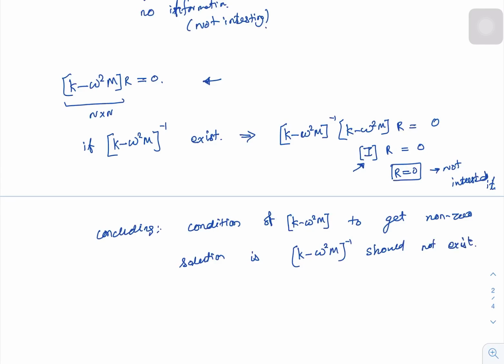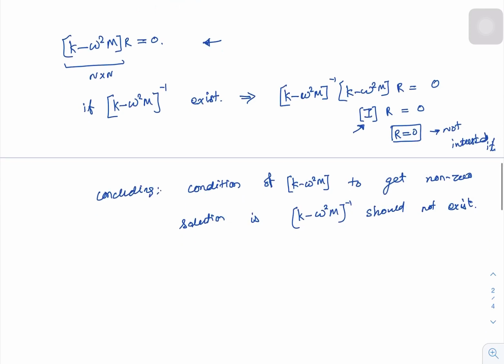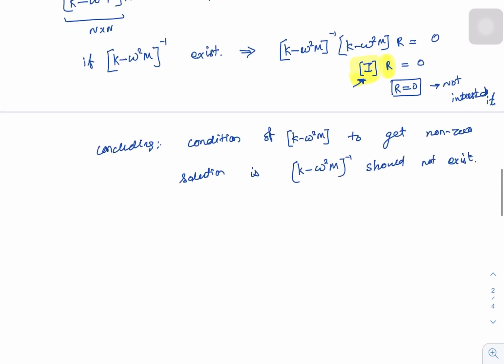If the inverse does not exist, then instead of I here I will get some matrix, and if I multiply with r, I will get n equations and n unknowns. Then it might be possible to solve this problem. So if the inverse should not exist, what is the condition?